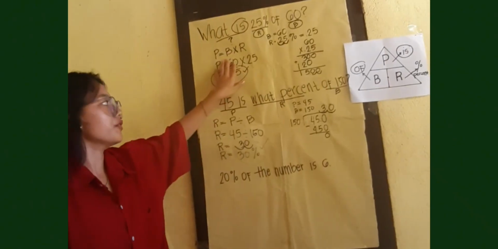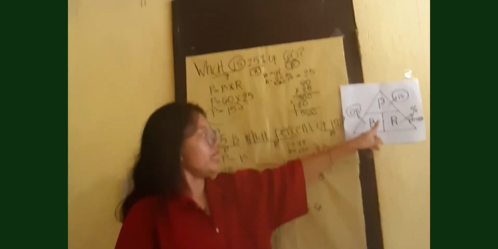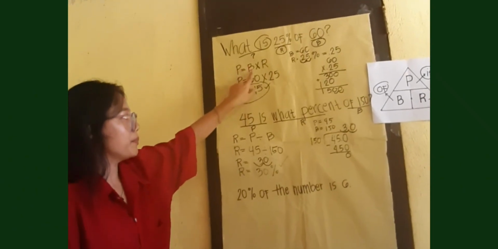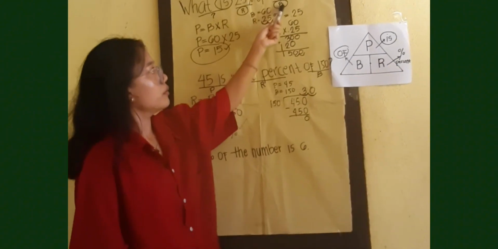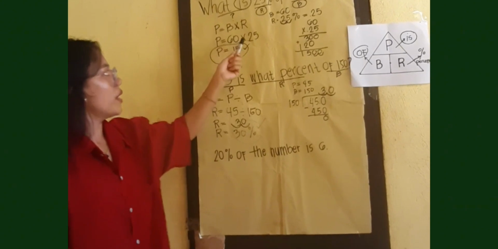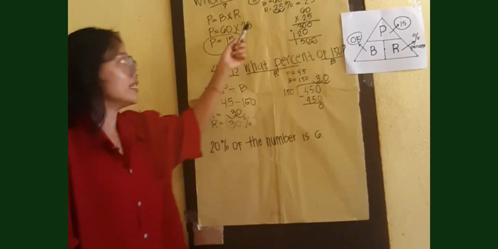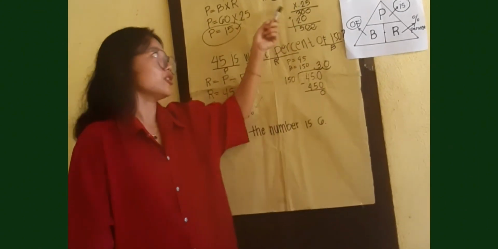So the formula of the percentage should be P equals B times rate. So percentage equals base times rate. Since we are given our rate and our base, which is 60, let's copy that one. And our rate is 25%. Since we cannot multiply a number that has a percent sign, we will make it a decimal number.